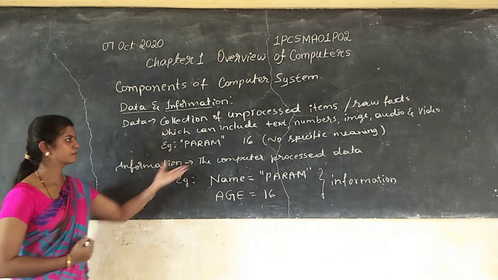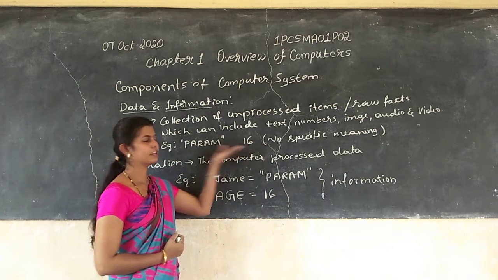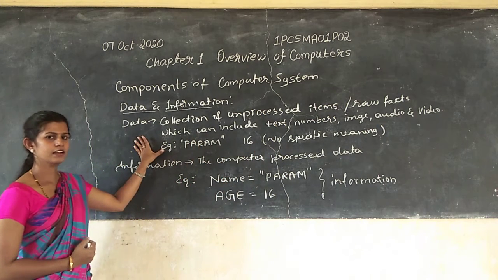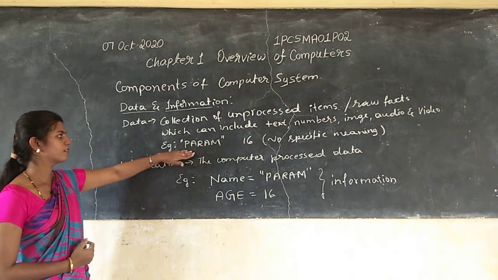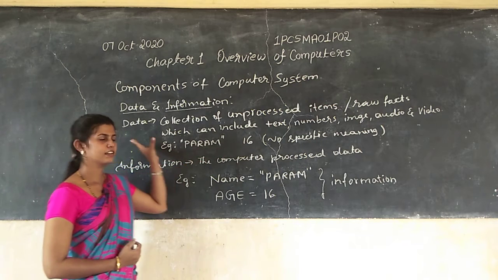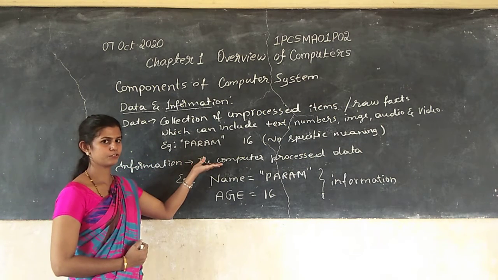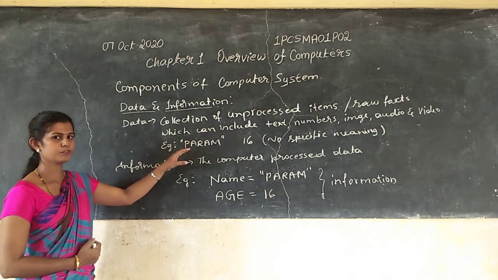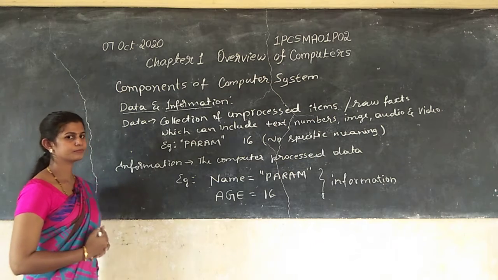For example, param, 16 does not have any specific meaning, so it is called data. When we are entering it into the computer, we are entering the data as input.